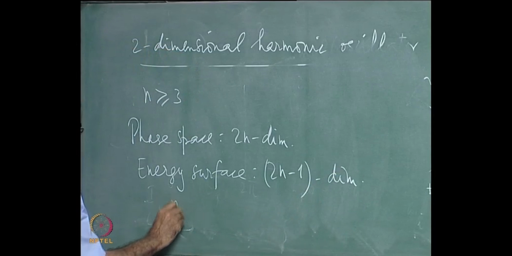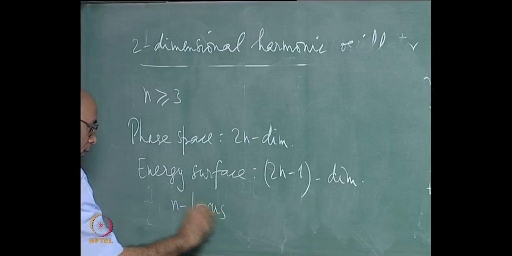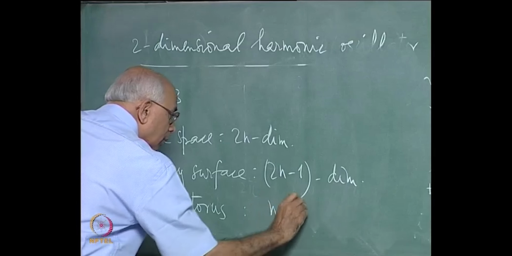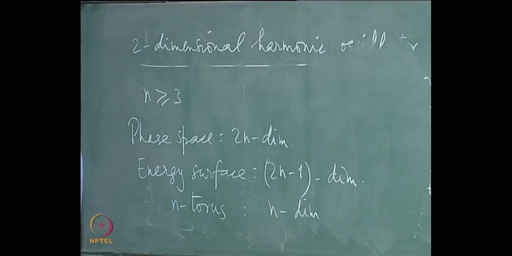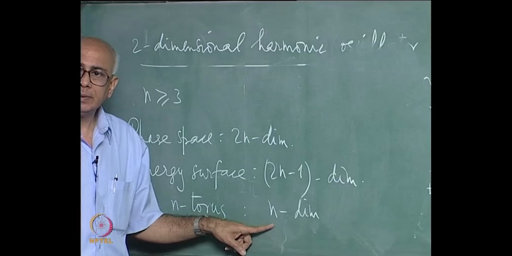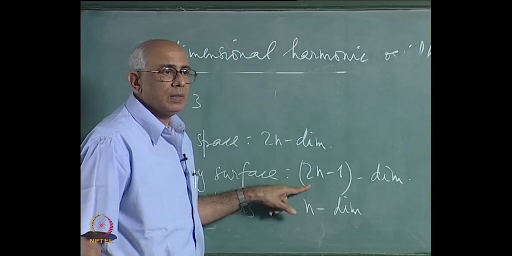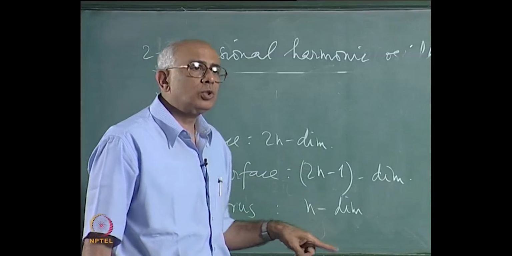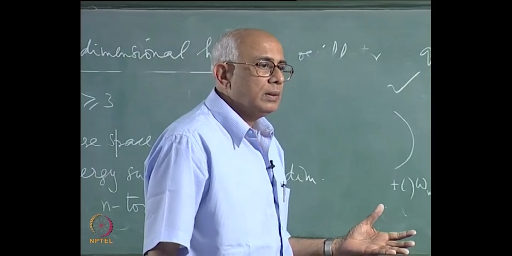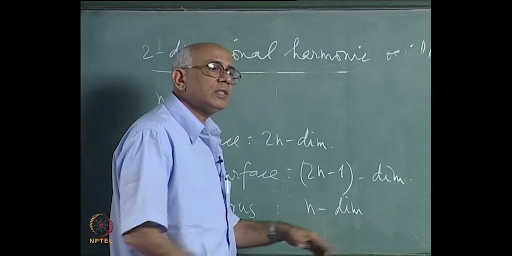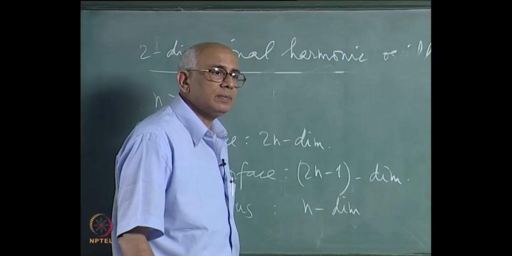If the system is integrable, the motion occurs on an n torus in certain variables, and this is n dimensional. If n is 3, then this is a 3 dimensional object, and this is a 5 dimensional object. The difference in dimensionality is 2, not 1. So it is clear 3 dimensional objects cannot separate this 5 dimensional space.